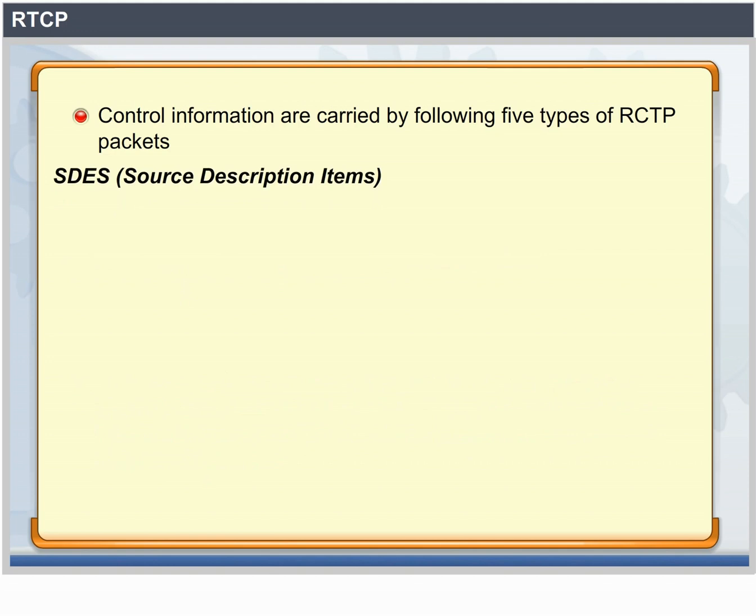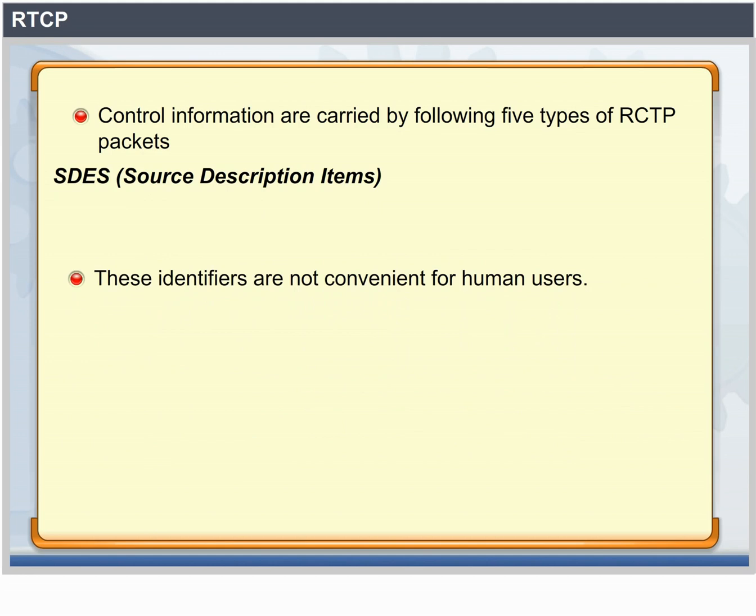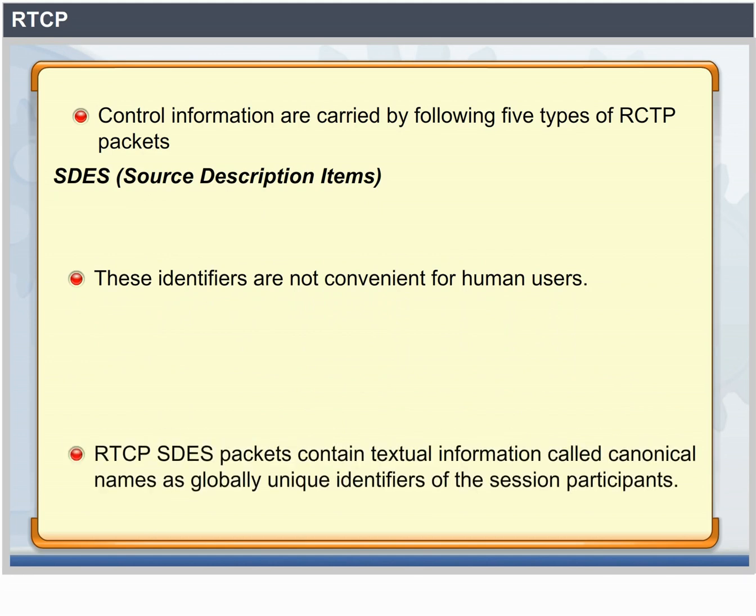SDES, Source Description Items. They contain information to describe the sources. In RTP data packets, sources are identified by randomly generated 32-bit identifiers. These identifiers are not convenient for human users. RTCP SDES packets contain textual information called canonical names as globally unique identifiers of the session participants.